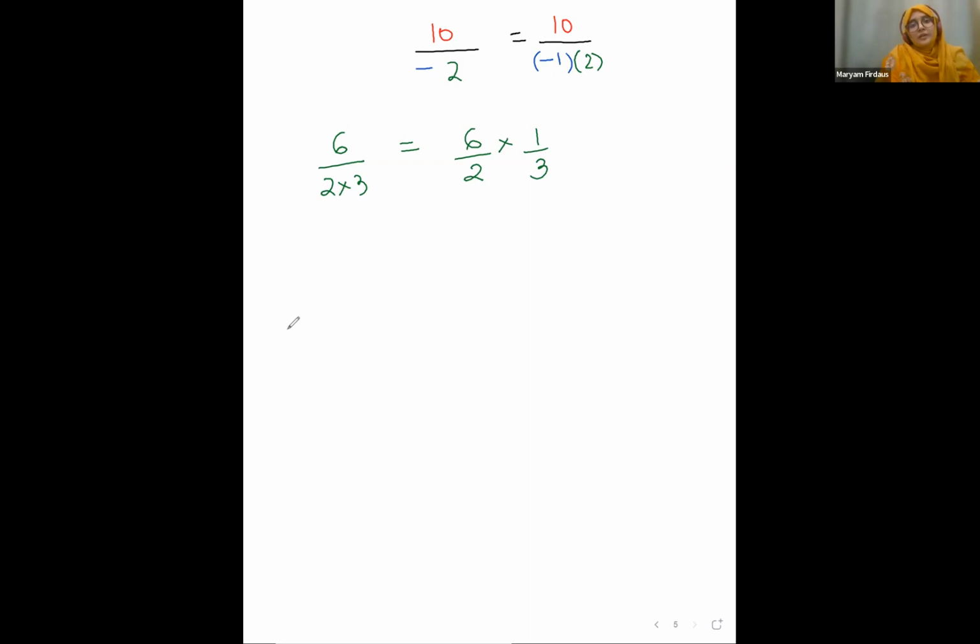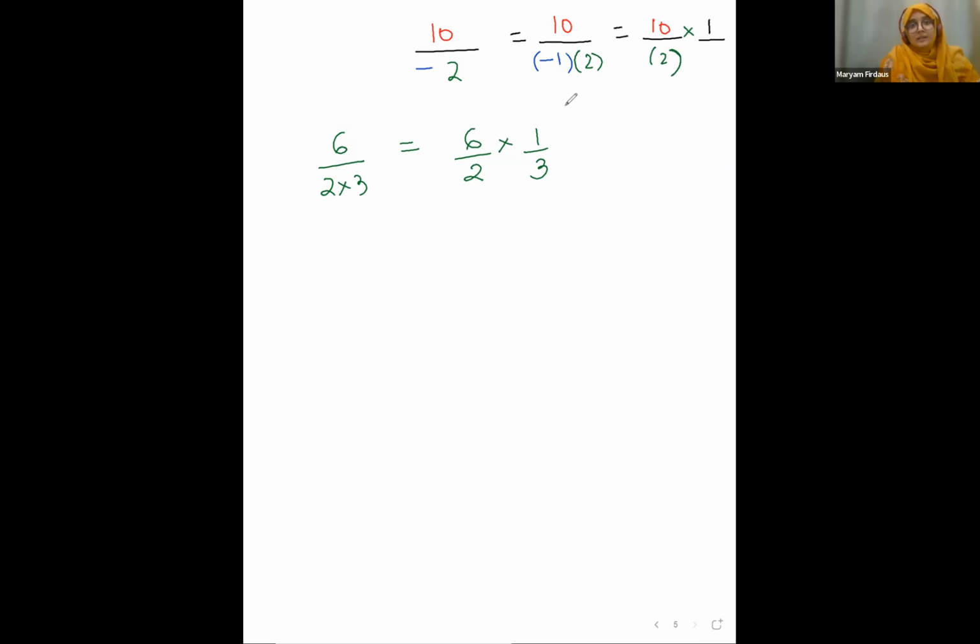So over here, can I say that this is equal to 10 divided by 2 multiplied by 1 by minus 1?